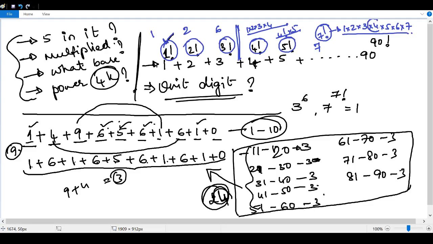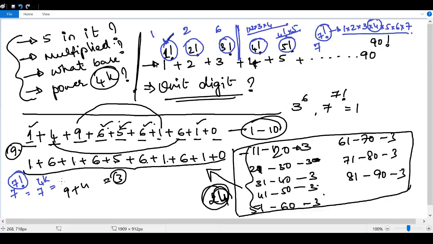Because I am multiplying by 4. Every one is a multiple of 4 after 3 factorial, which means, let's look into 7 power 7 factorial. This is now 7 power a multiple of 4, because 7 factorial is now a multiple of 4.